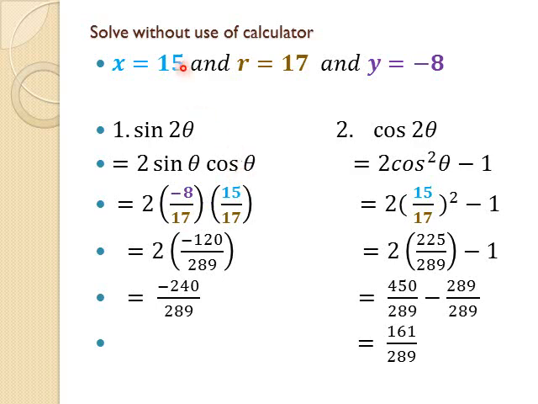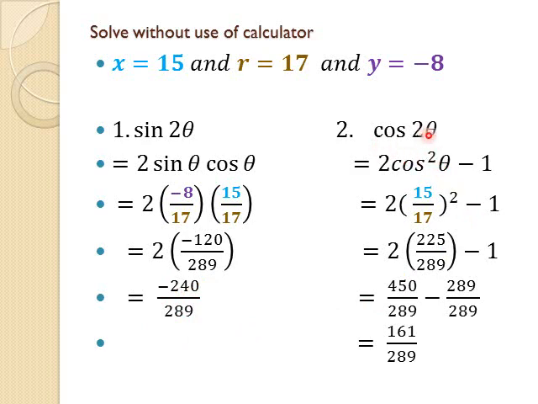Cos theta is x over r, so 15 over 17. 15 times negative 8 gives negative 120. 17 times 17 is 289. 2 times negative 120 is negative 240 over 289. Always check if you can simplify the fraction any further.